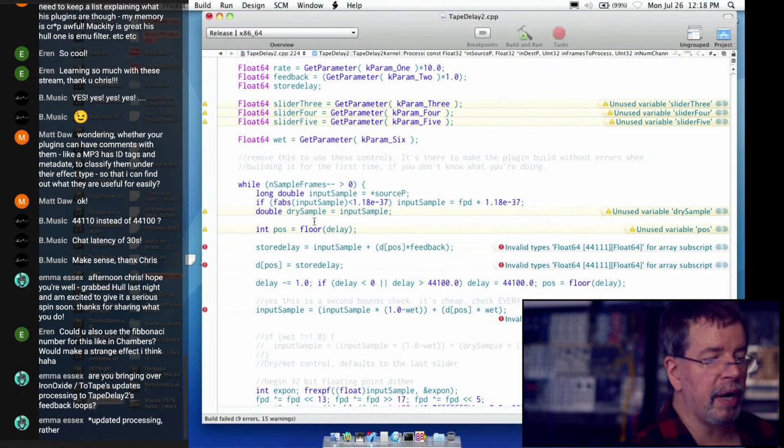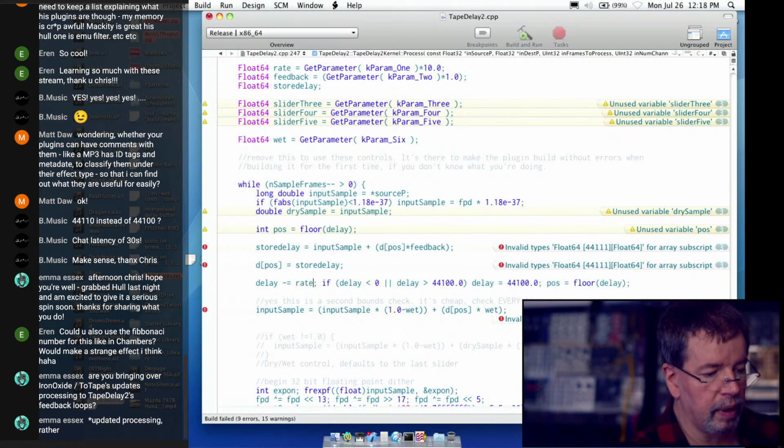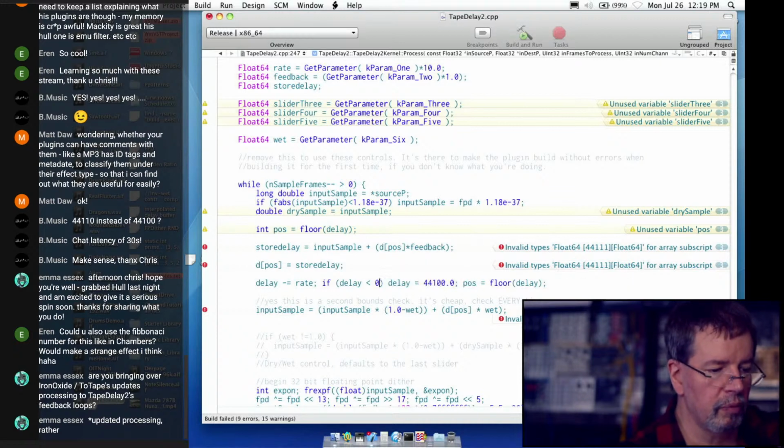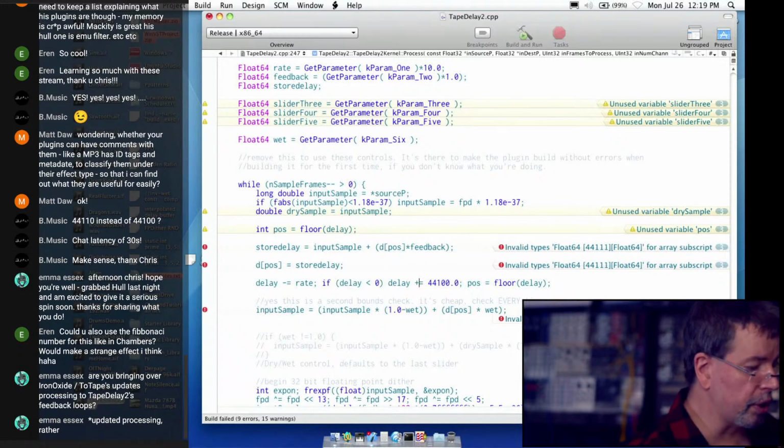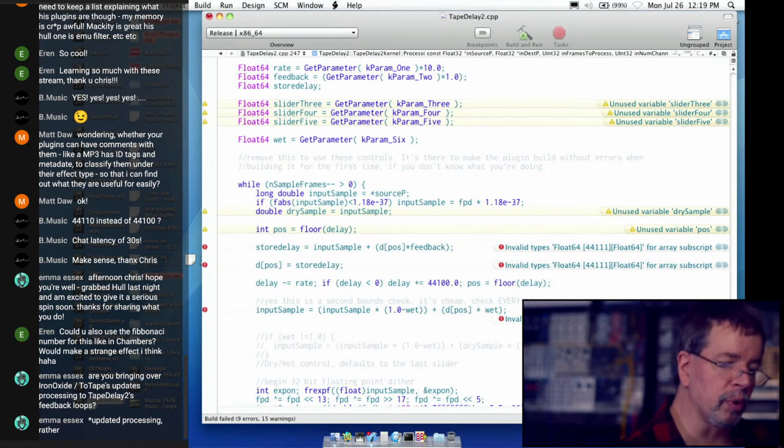Delay minus equals rate. We can simplify that. Since it's no longer one at a time, we need to cross over the edge more linearly. It's not actually the way to describe that, but still.